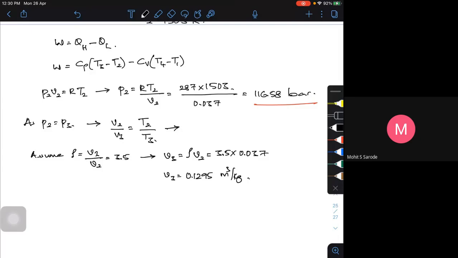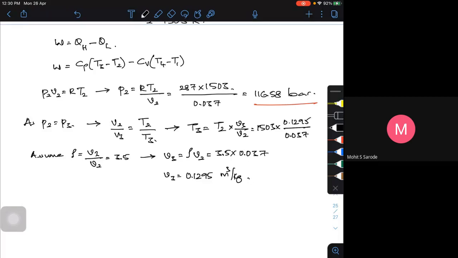So T3 is equal to your T2 into V3 by V2. T2 is 1503, V3 is 0.1295, and your V2 is 0.037.